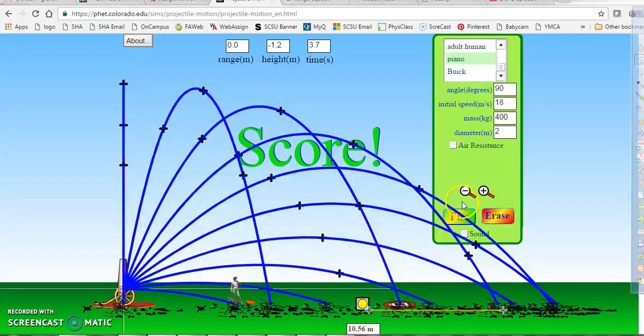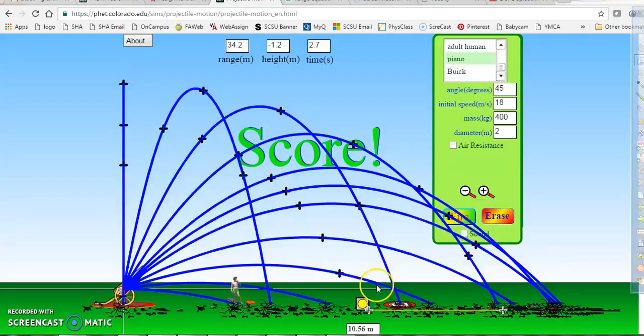Okay, so the big thing I wanted to show you here is that notice, in the beginning, this is 10, 20, 30, 40. We have a greater range, right? In fact, if I go exactly 45, that is the key number. That's the maximum range you can get.